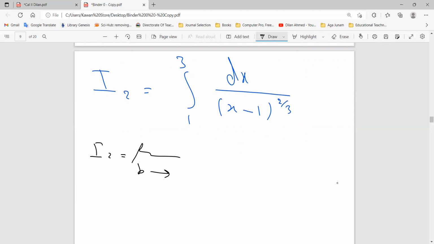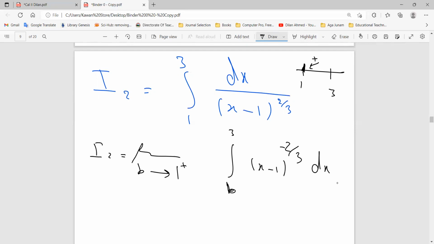So it's equal to what? To the limit as B approaches 1, okay, and the integral from B to 3 of (x minus 1)^(-2/3) dx. So 1 is between what? Between 1 and 3. And I'm talking about where? Right? So we are talking about a little bit more than 1.